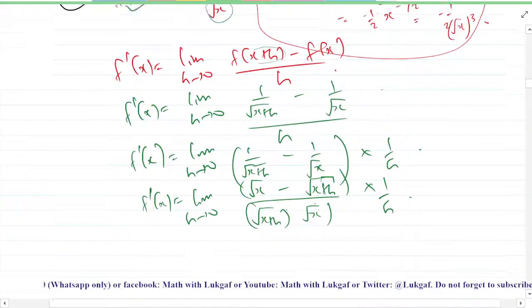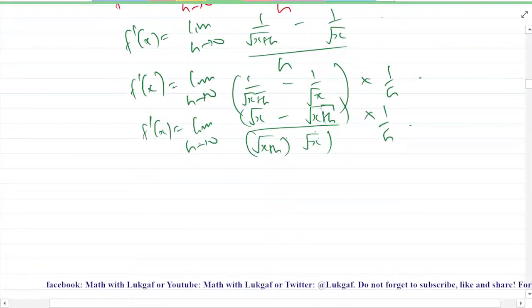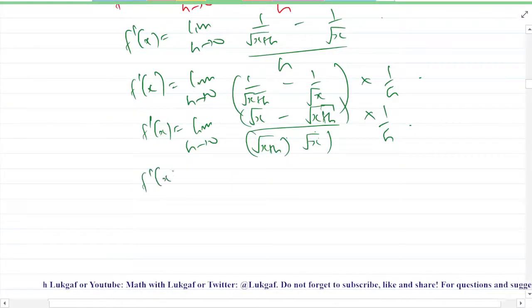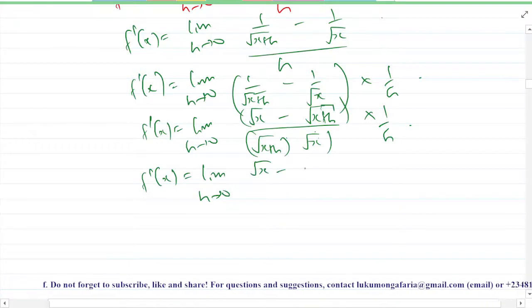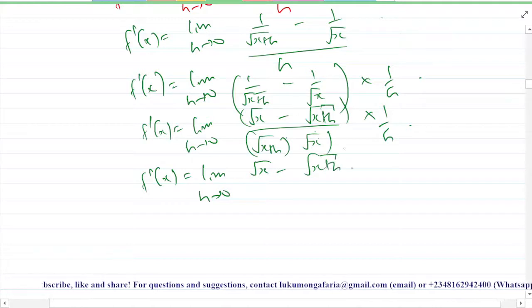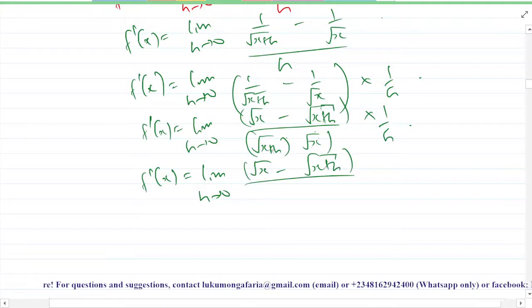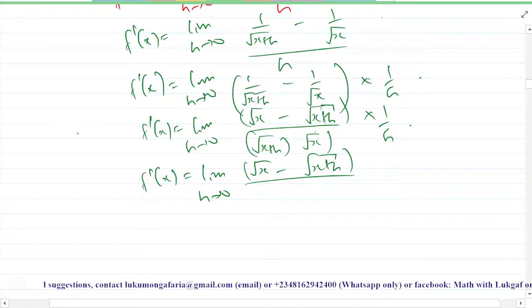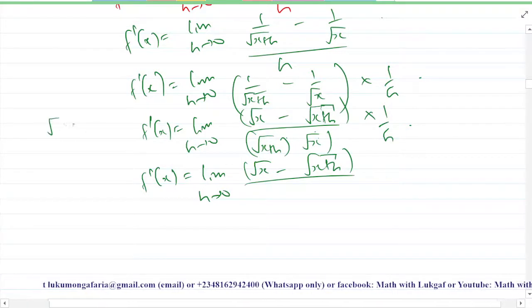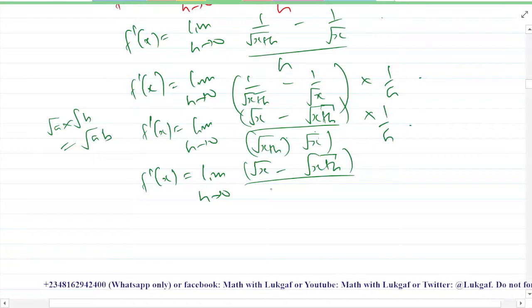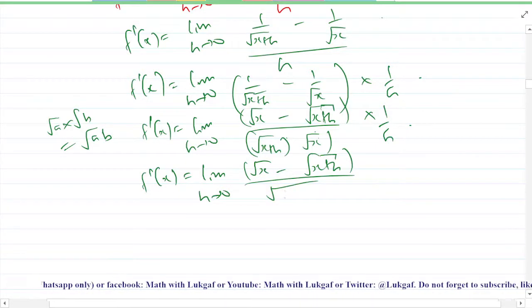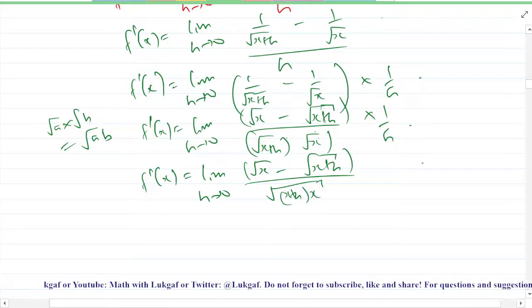Okay, now let us proceed. This one will give me f prime of s equal to the limit as h tends to 0 of root s minus root s plus h. So if you multiply these two guys together, recall from your laws of surds, root a multiplied by root b will give you root ab. So then that will give you what? Root of s plus h into s.